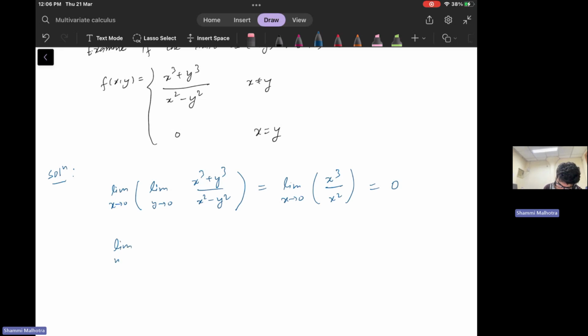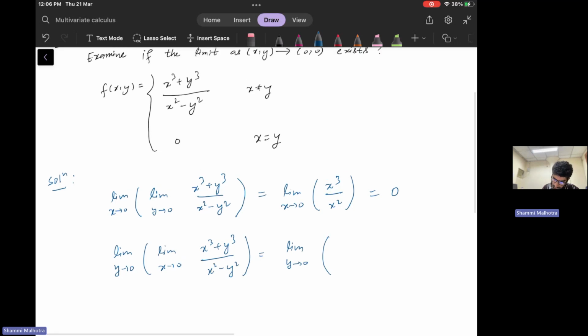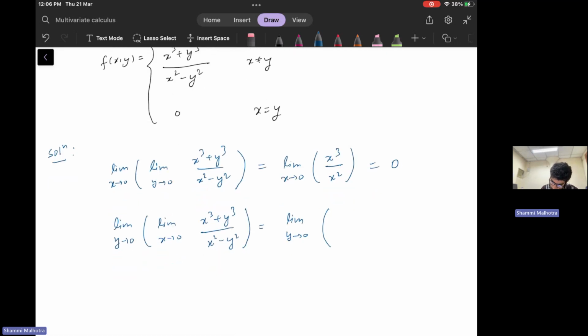And if we evaluate the iterated limit on the other side, this will be x cube plus y cube over x square minus y square, limit as y tending towards 0. I can put x to 0. This will be just y cube over minus y square. So this will again be equal to 0. So the iterated limits are existing, and they both are coming out to be equal to 0.